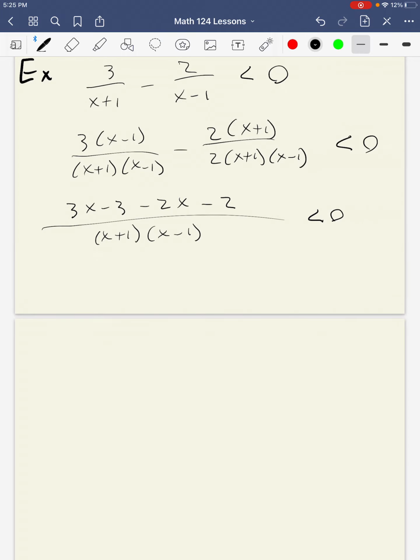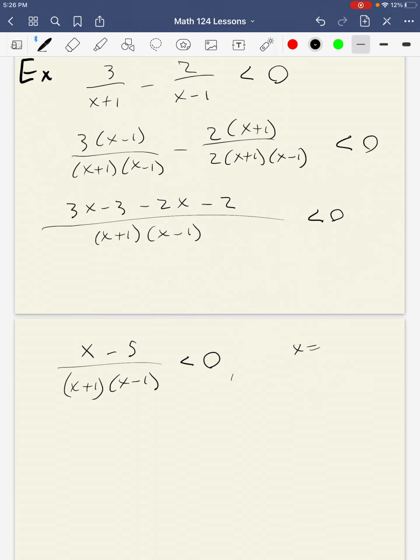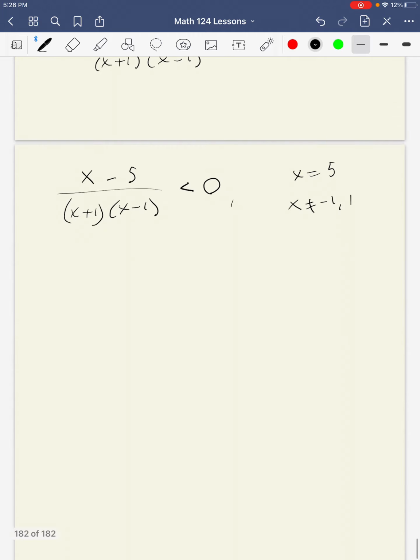Okay, so 3x minus 2x is x, negative 3 minus 2, negative 5. Okay, so now we've cleaned it up. Now we take note of when the top is 0, that's when x is 5. And the numbers we're not allowed to plug in that are on the bottom: we cannot plug in a 1 or negative 1.